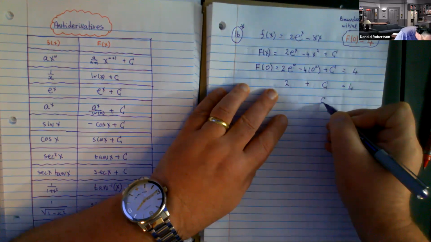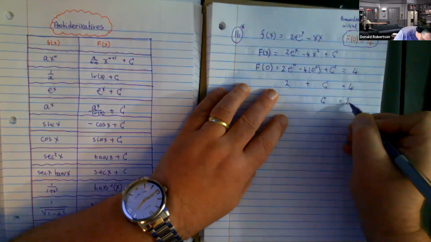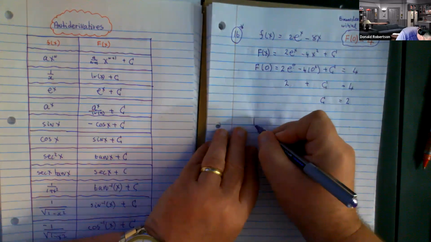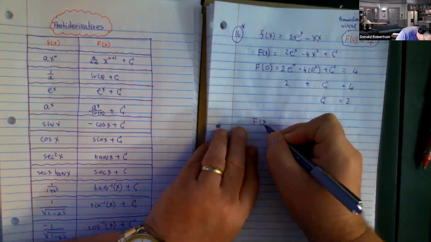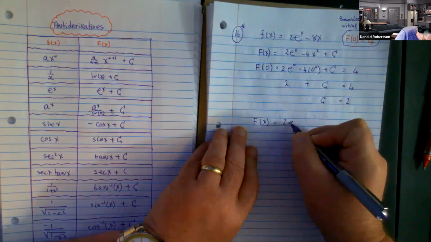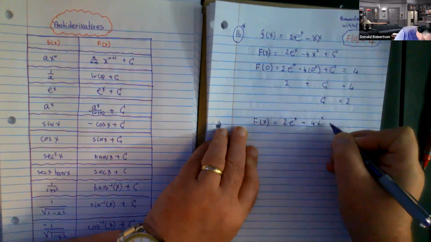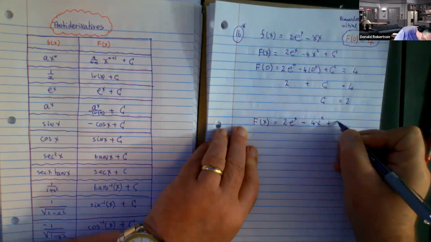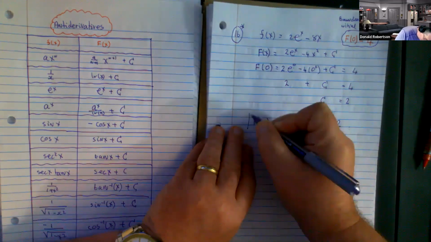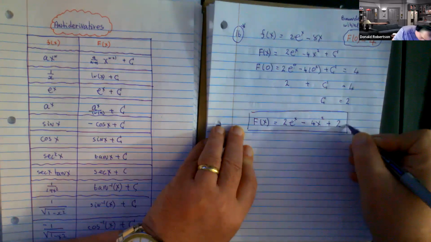And solve for c, well, take 2 away from both sides and you got 2. And so we now know everything. The antiderivative is 2e to the x, take away 4 squared, plus 2. And that would be your final answer.